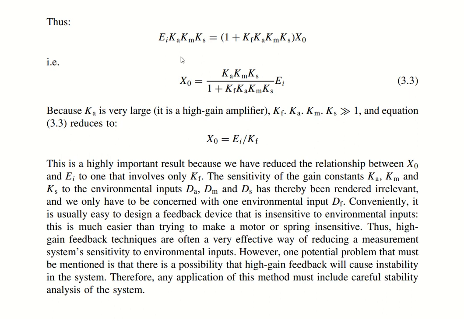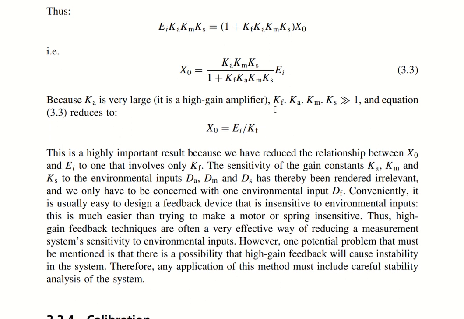So this equation will be reduced to x0 equal to ei divided by Kf, because the other three would be so high that they would cancel each other out. See, because it would be much greater than 1, the 1 will not hold any significance here.